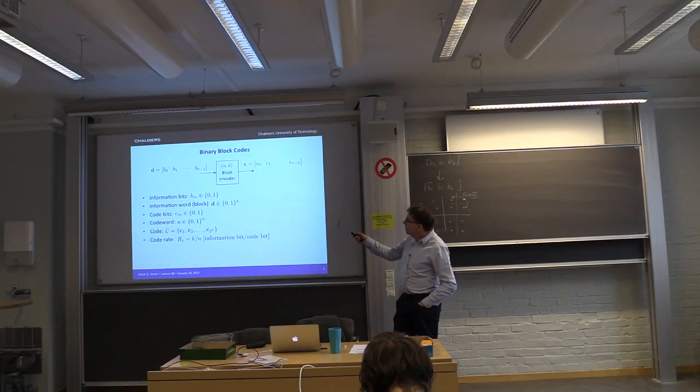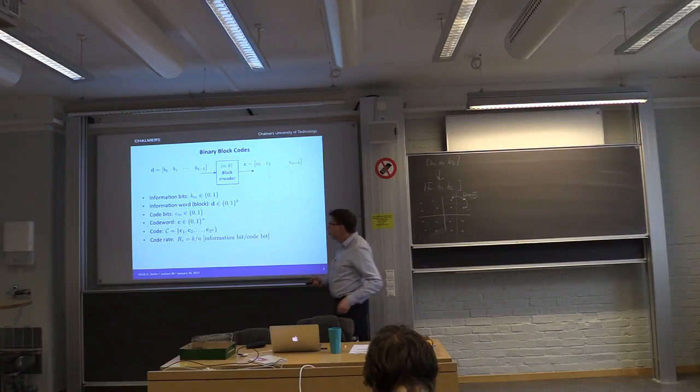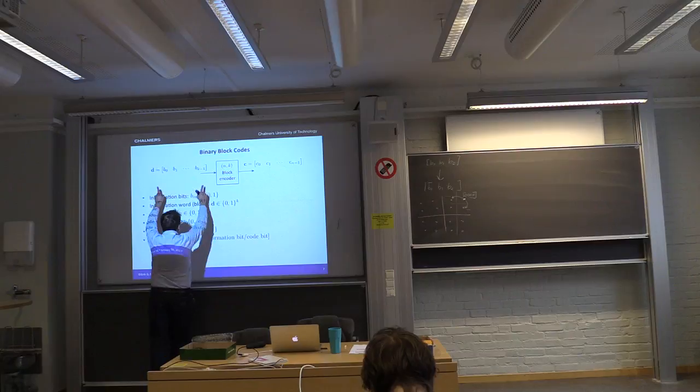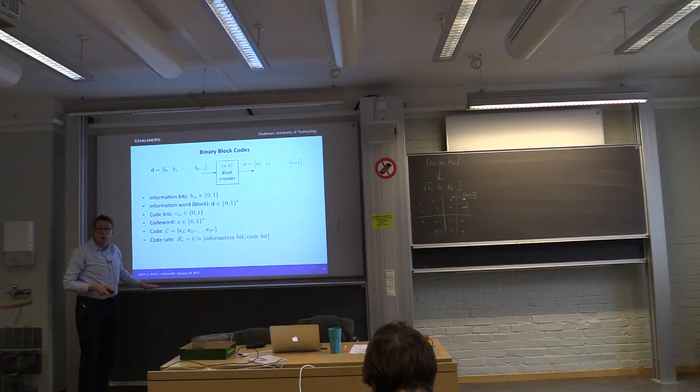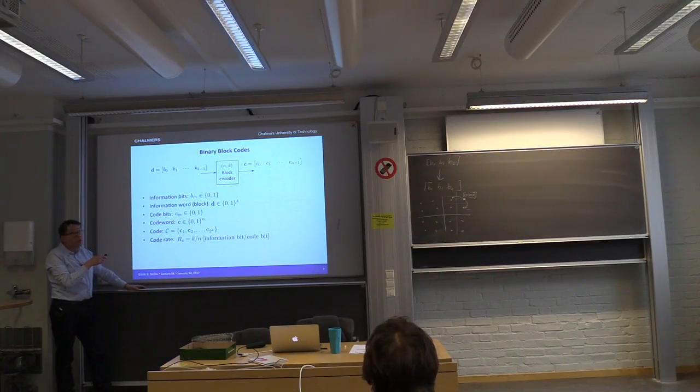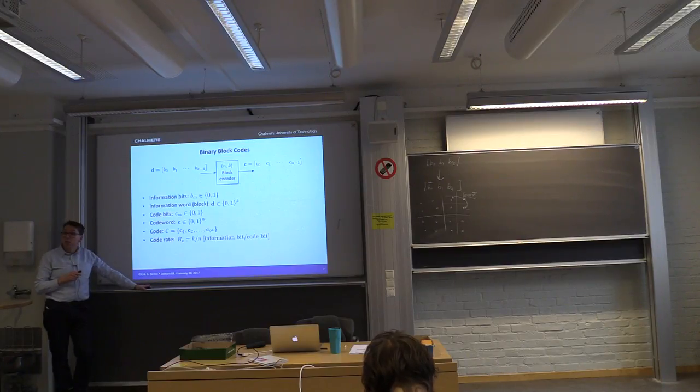So what we have here is a block with an input and an output, and this is called the block encoder. What the block encoder does is take a number of bits as input, in this case k bits, so from 0 up to k minus 1, k bits here. And then it maps that onto another sequence of bits.